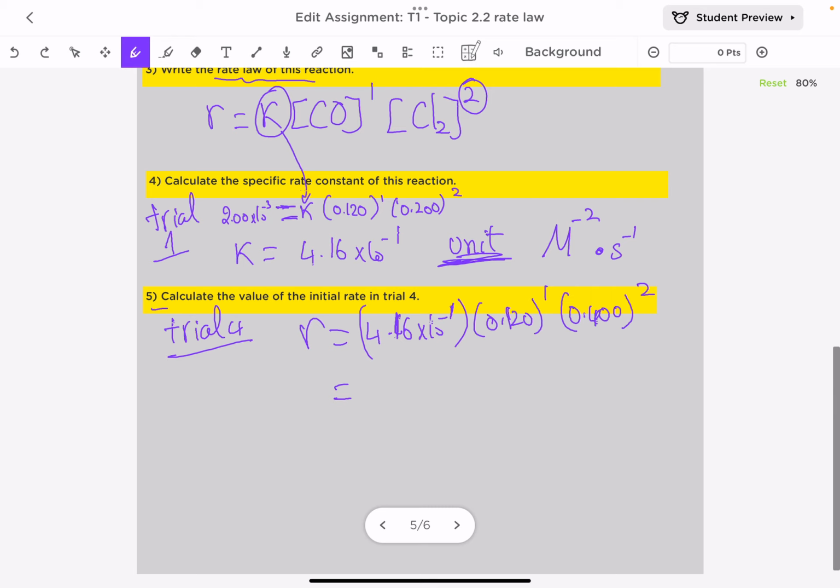The rate of this reaction is 1.6 times 10 to the power negative 1.